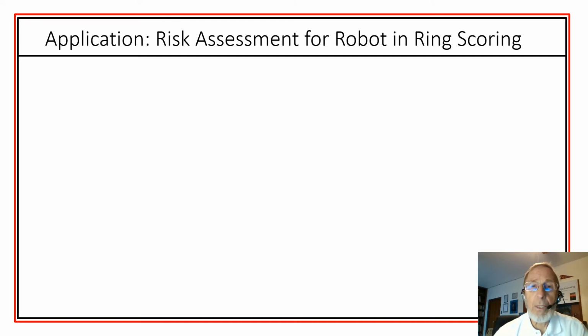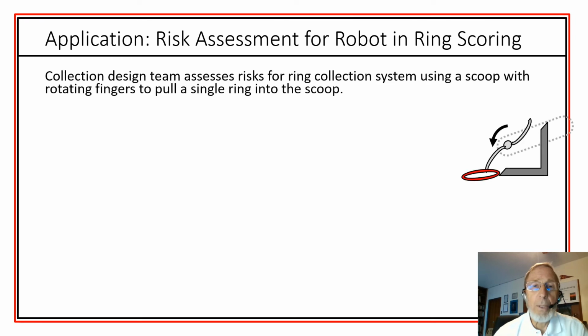So let's take another situation. We're looking at the ring scoring, and we're going to assess the different kinds of risks that might occur for this particular system. So let's assume that in our design team we have a subgroup that's focused on this collection. They have a collection system that uses these rotating fingers to grab a ring, pull it into the scoop, and then from there they'll handle it for scoring.